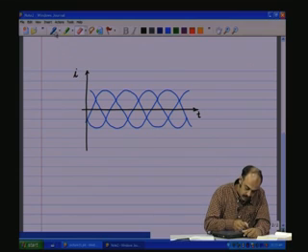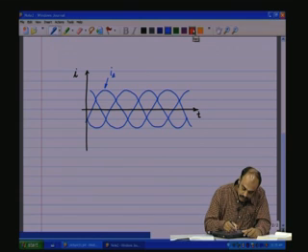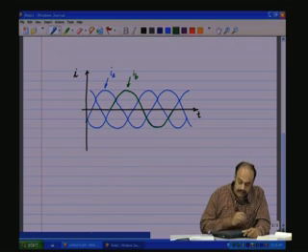These are the currents. Now, let me keep IA in blue. This is IA, and we can take the green color for IB, which is lagging IA by 120 degrees. You see that IB is lagging IA by 120 degrees.